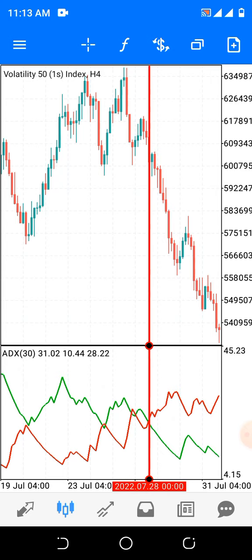Now, if you are a small account holder, what I want you to do here is not to enter the market immediately. If you are trading a $50 account, $100 account, $200 account, do not enter immediately.